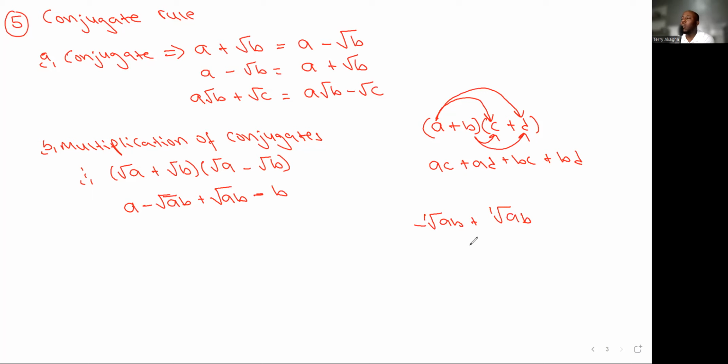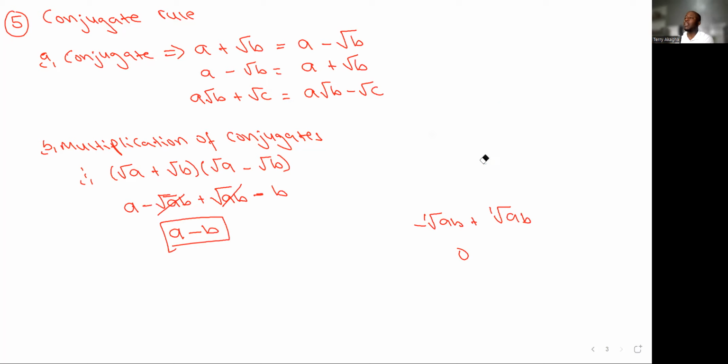So minus 1 plus 1 will give us 0. So that means all this will cancel out, and you have A minus B. So this is why we have conjugates. Basically, when you multiply conjugates, the square root sign disappears, and you're now left with the number itself. Is that all right?